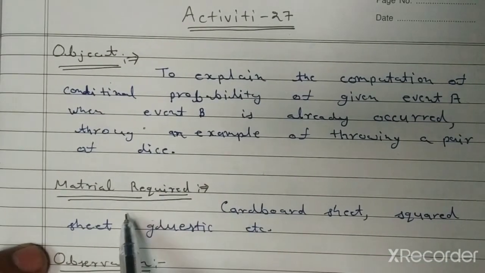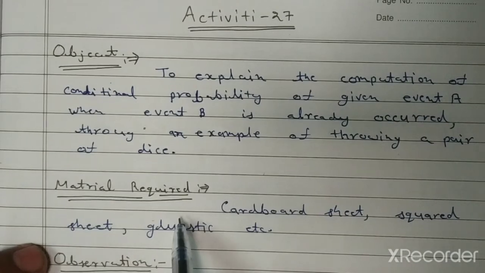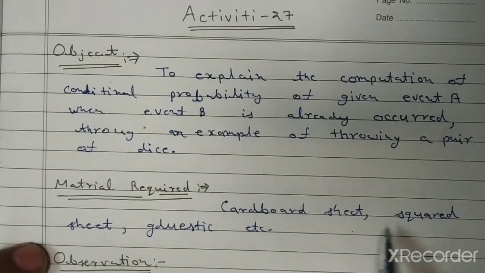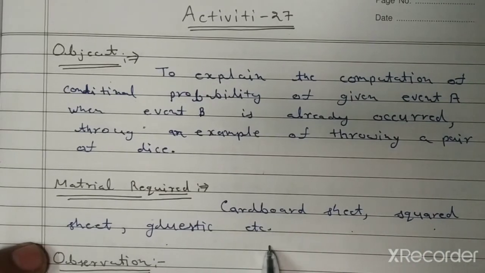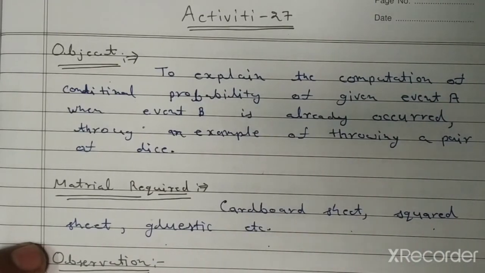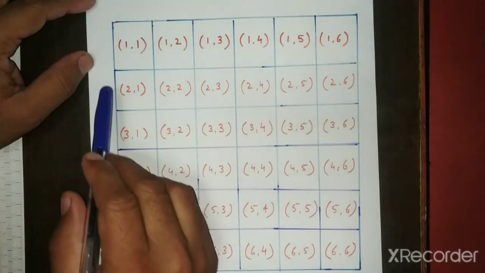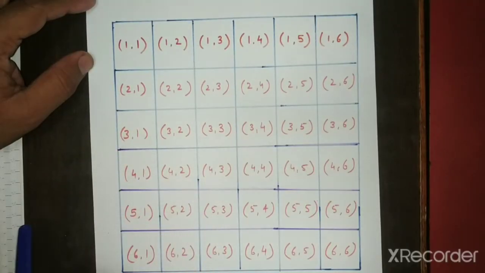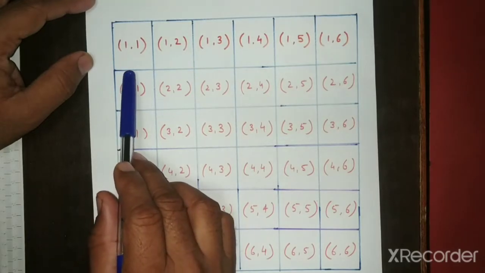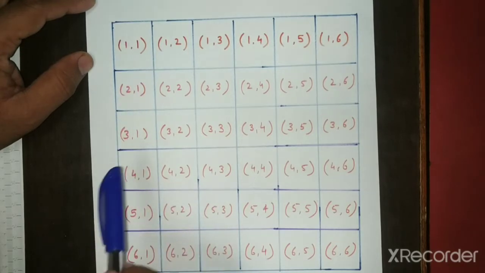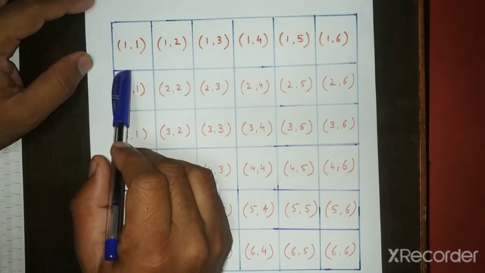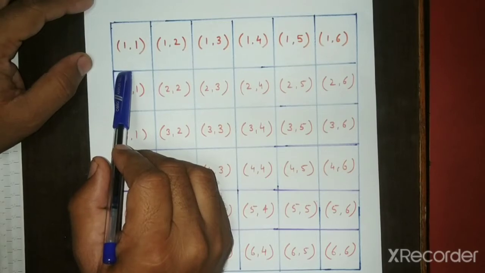The materials required are cardboard sheets, square sheets of plain paper, glue sticks, etc. To perform this activity, we take a square white paper and draw 36 squares and write down all possible outcomes of throwing two dice.